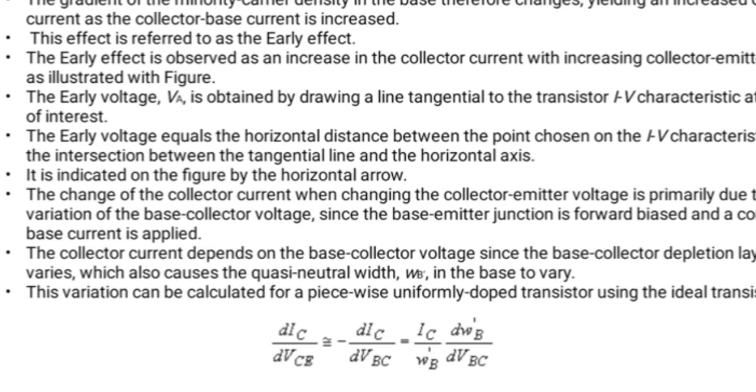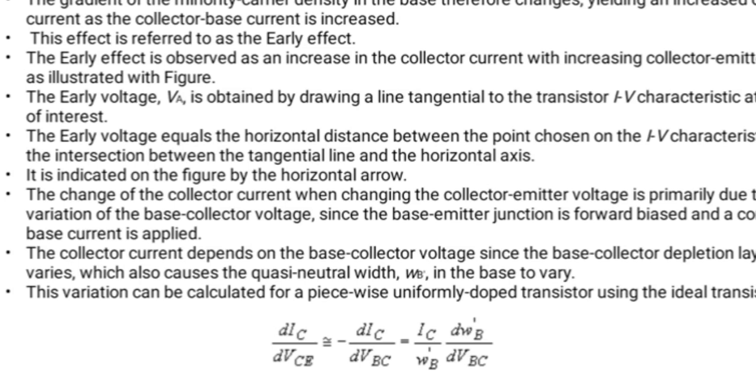This variation is shown in the figure, and the gradient of the minority carrier density changes, resulting in increased collector current, which we call the Early effect. The Early effect is the increase in the collector current with the increase in the collector-emitter voltage.